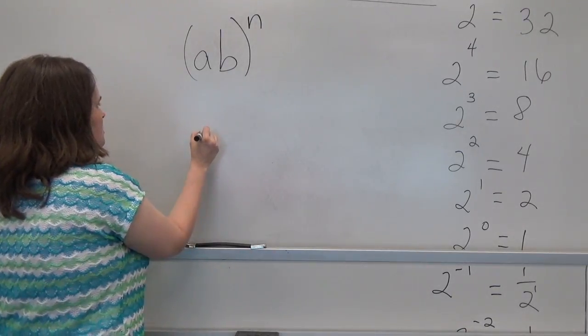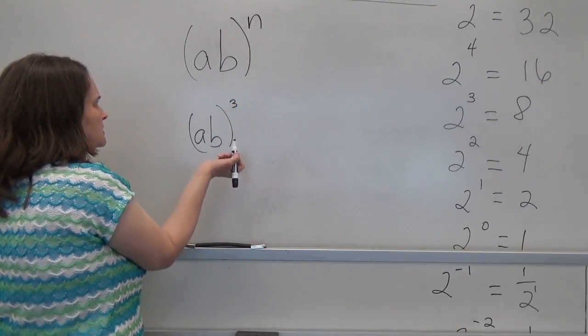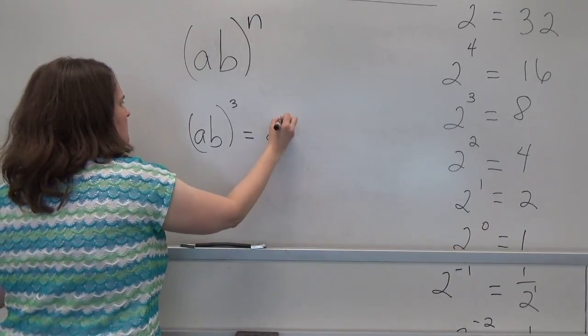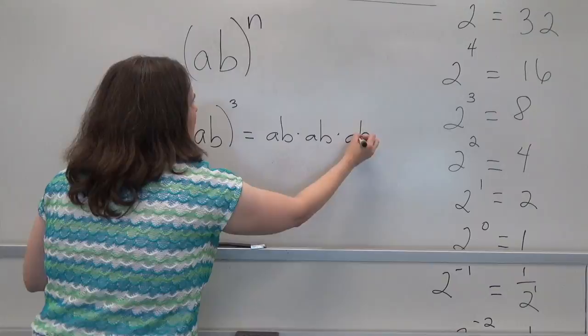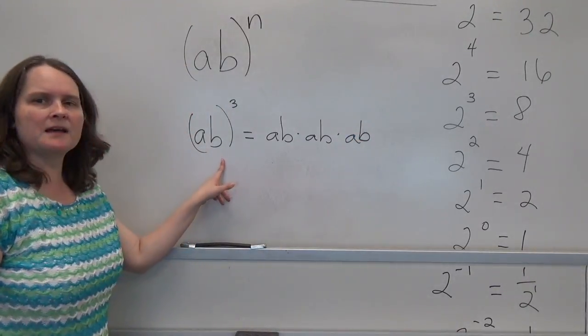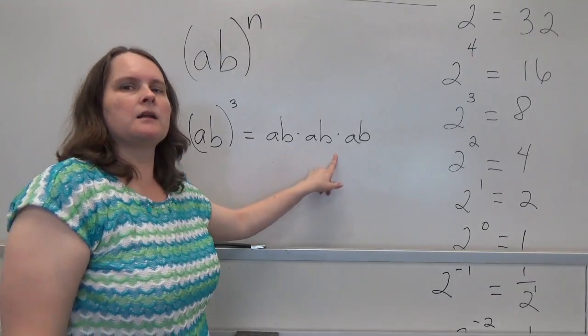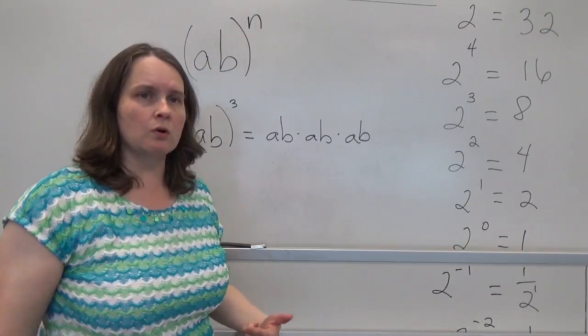What if, let's say, you've got AB raised to the 3rd power, just for example? Well, that's going to be AB times itself 3 times. I guess you could think of this like a proof that we're doing here to see why it works. So you're multiplying AB by itself 3 times. These are all being multiplied, and the commutative property of multiplication tells us that we can rearrange the order of these.